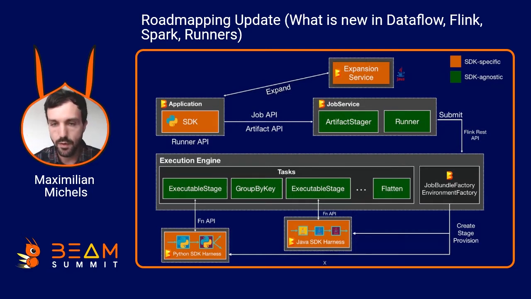Writing it in Python would be very costly, so we have Kafka embedded as an external transform, which during runtime, as you can see here at the bottom, just spins up a Java SDK harness, which then runs the Kafka transform. So that's a really exciting feature that this language portability gives you in Beam.